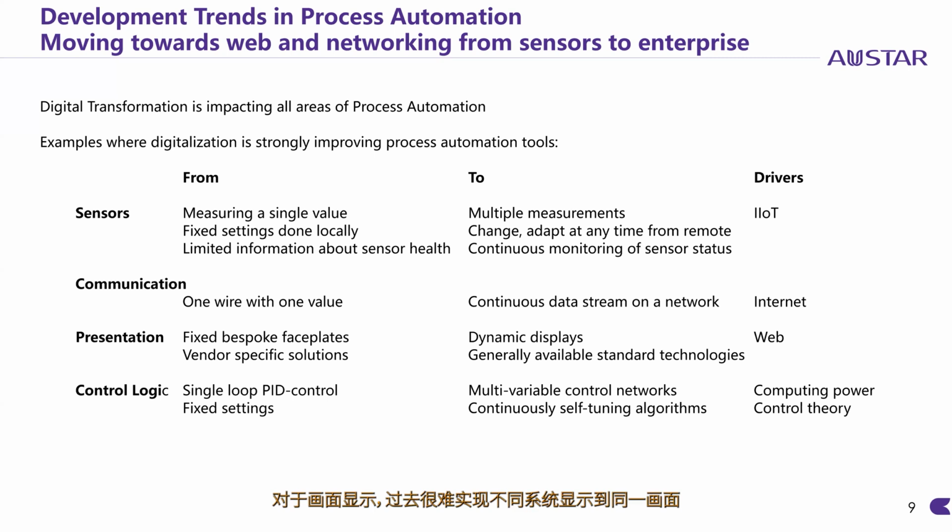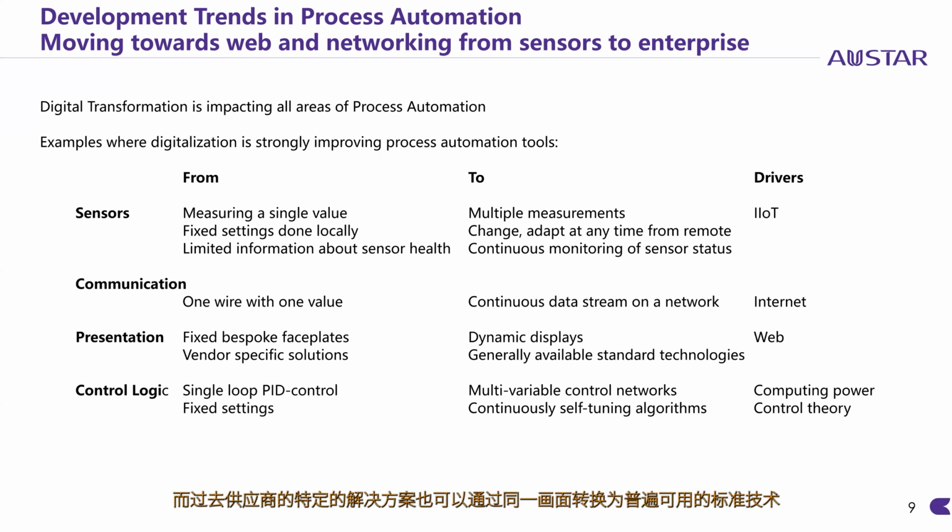For presentation, before it was difficult to have displays from different systems on the same screen. Today, this is really easy with the dynamic displays that are provided by web technology. So also many vendor-specific solutions are now transforming into generally available standard technologies. So it's easy to mix and match vendors and technologies and still make it all visible to the operator on the same screen.